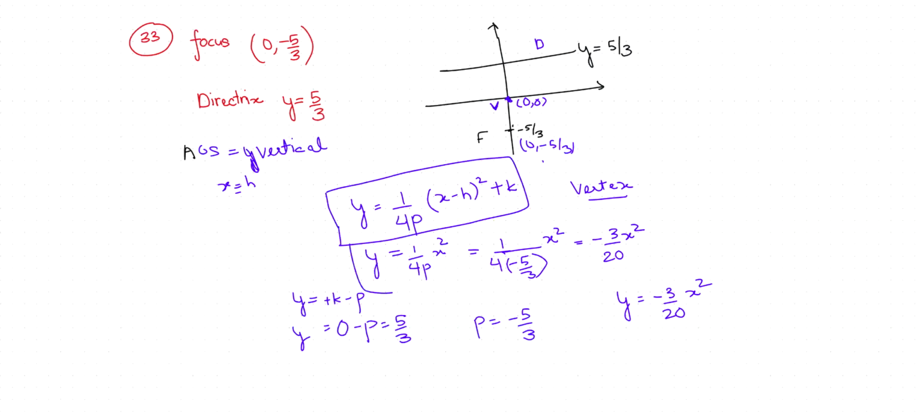We found the value of p because the directrix was given, and as p is less than 0, we see that the parabola opens downward, and our parabola will be like this. Okay, so let's do another problem.